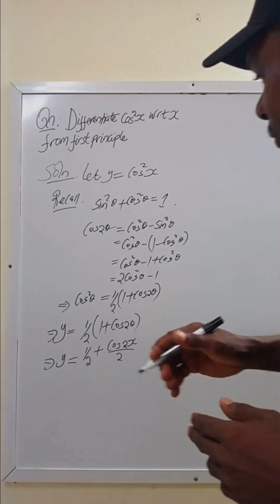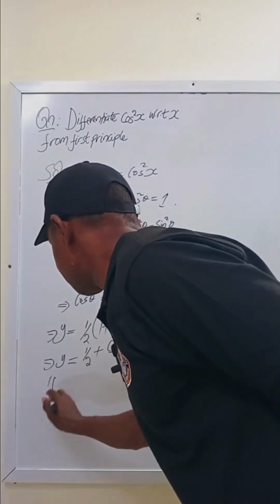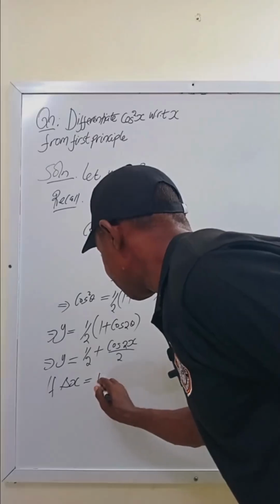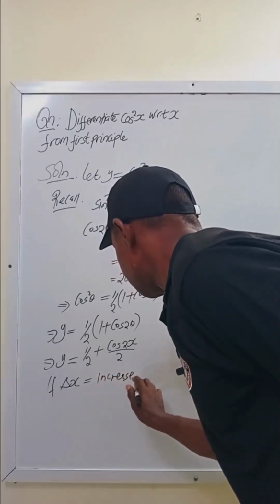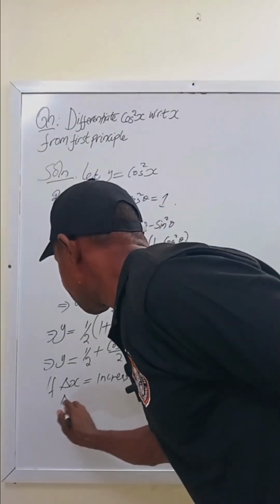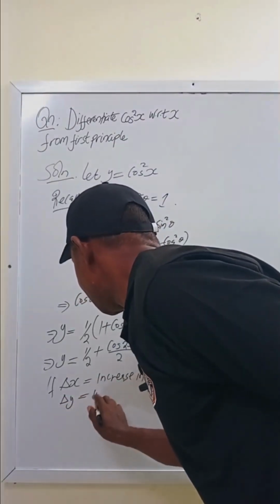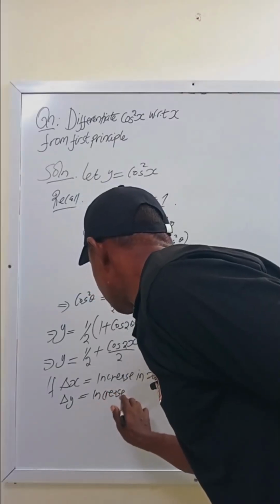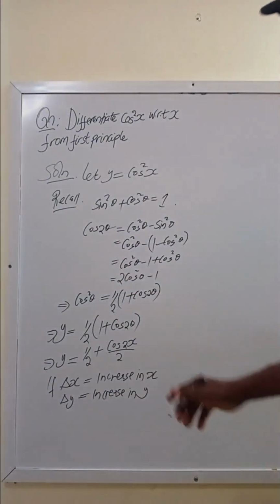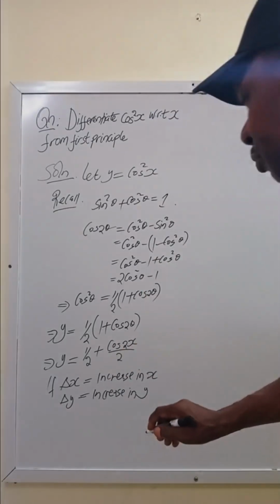For example, if delta x be the increment in x, then we expect delta y to be the increase in y. So if this is the case, then what happens from first principles?